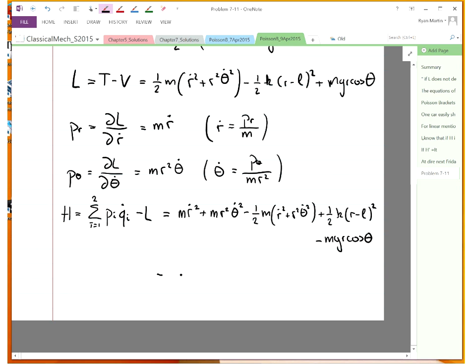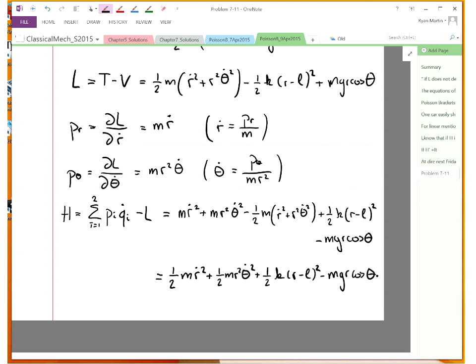So that gives me a half m R dot squared. Same thing happens with the theta dot squared, so I have plus a half m R squared theta dot squared. And then I have the two potential energies, so I have plus a half K R minus L squared minus mgR cos theta.